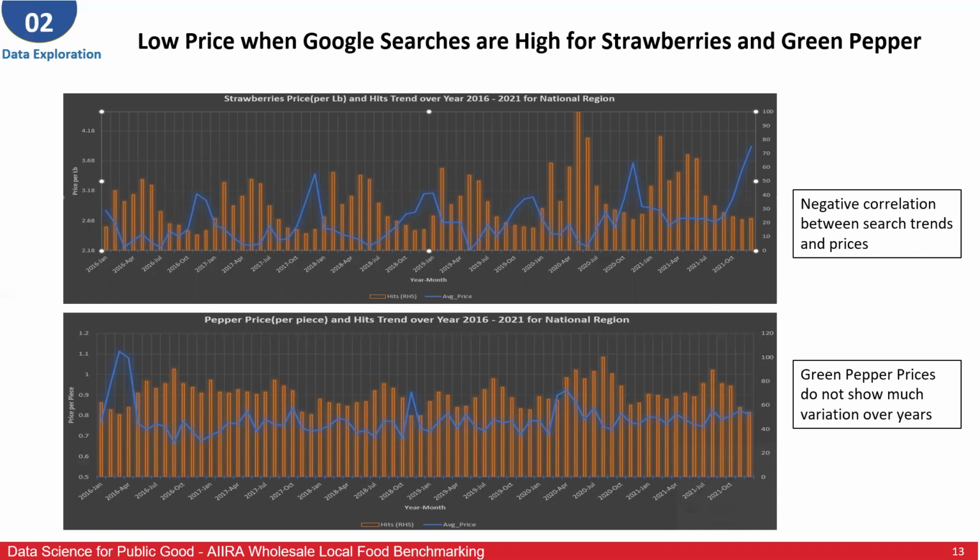Also, for something like peppers or dairy products, we found that we have to tailor our search to be very specific to those keywords, because if the keyword is not specific enough, we couldn't really find a pattern, because people could search up those keywords for any number of reasons, not just because related to specific agricultural reasons.